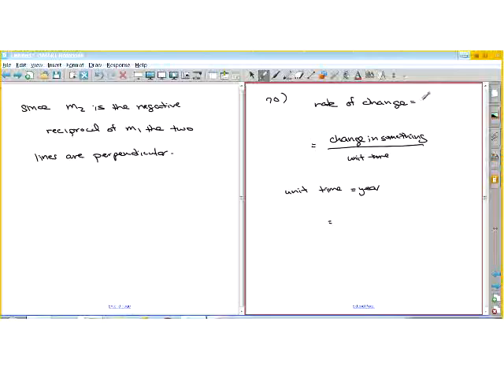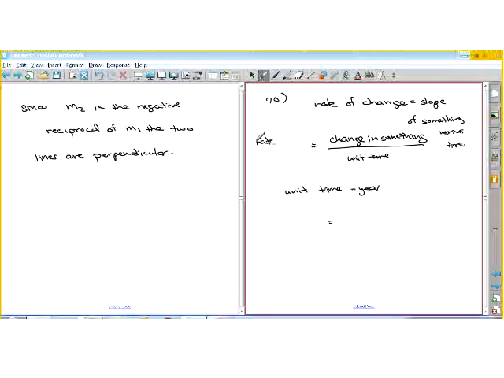So the way you do that, the rate of change is basically the slope of the something versus time. So the x-axis, which is the run, is going to be time, which is the denominator. So it all makes sense.